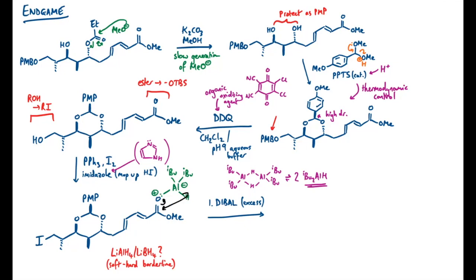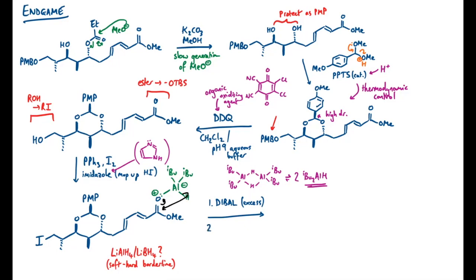Now, if you use these reagents a bit more carefully, sometimes you can get this to stop at the aldehyde, but in practice, most of the time, this will go down all the way to the alcohol, particularly if you have the DIBAL in excess and you're not at a particularly low temperature. So this works to take us all the way down to the alcohol.